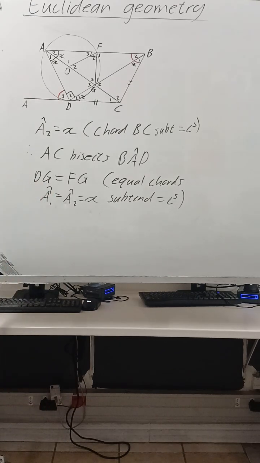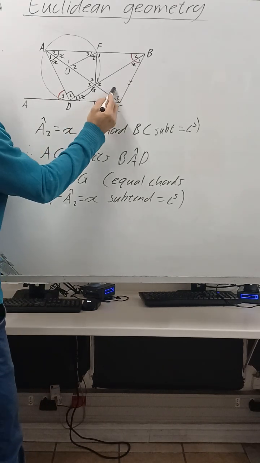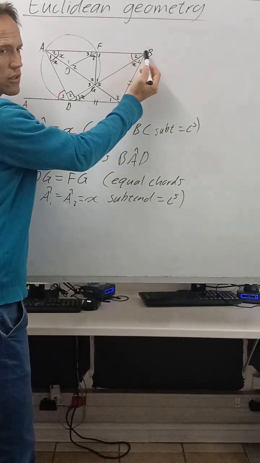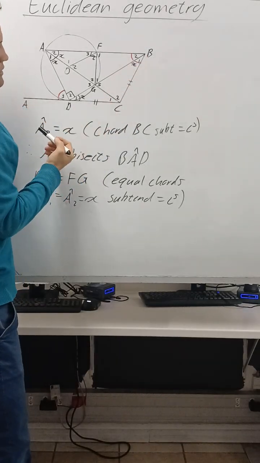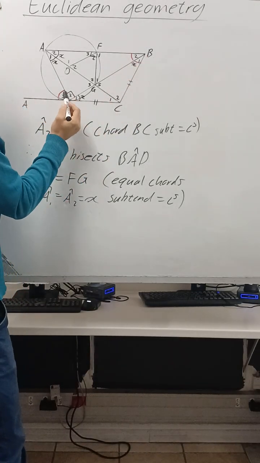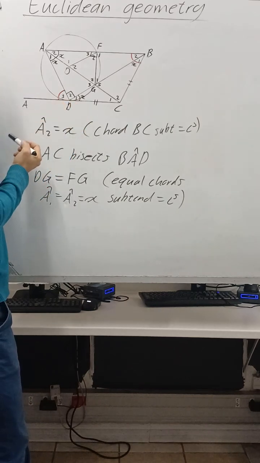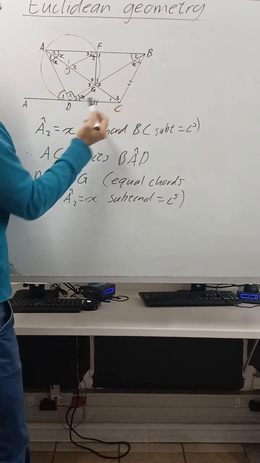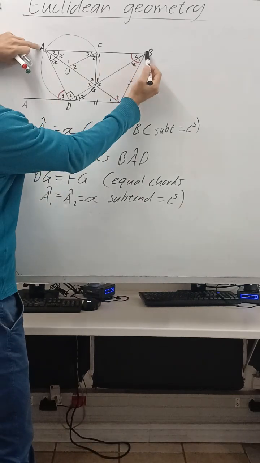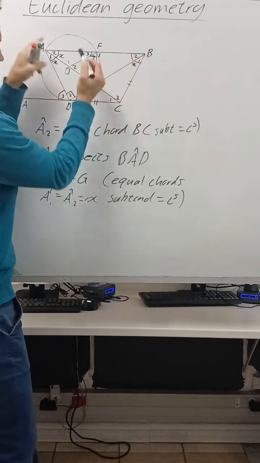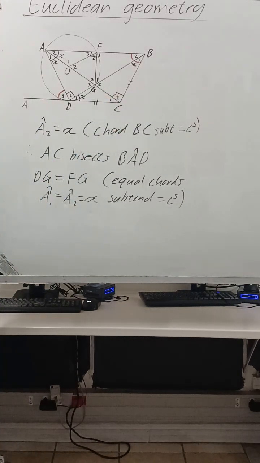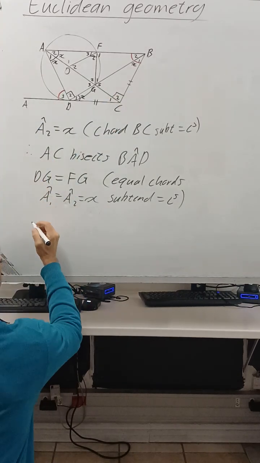So now we must find the size of angle C2. But remember now, we know that ADCB is a cyclic quadrilateral. So we can use the properties. So we can now use what we said here, that D2 is 90 degrees, because it's the angle on the diameter. And then we can say C2 must also be 90, because it's subtended by chord AB. Okay, so we can obviously say that will be 90. And we just put in the information.